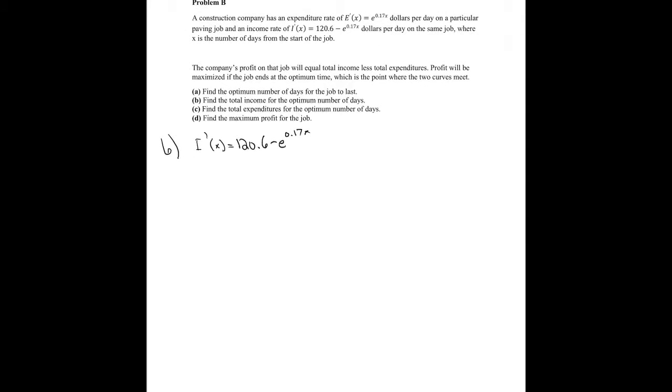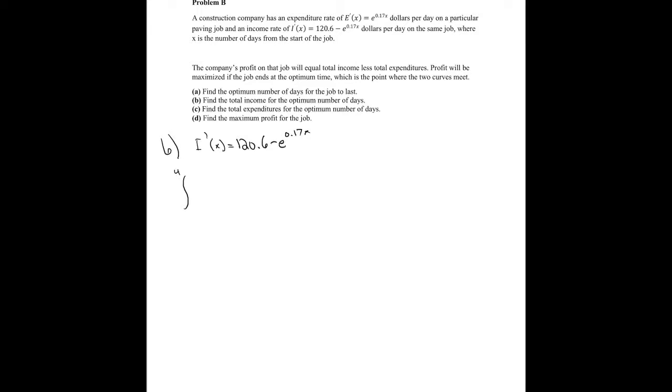So next we'll be solving part B, which is to find the total income for the optimum number of days. For this question, we will be needing the income rate equation, which is 120.6 minus e^(0.17x). So we are going to be using what we learned from 15.5, which is the area between two curves.